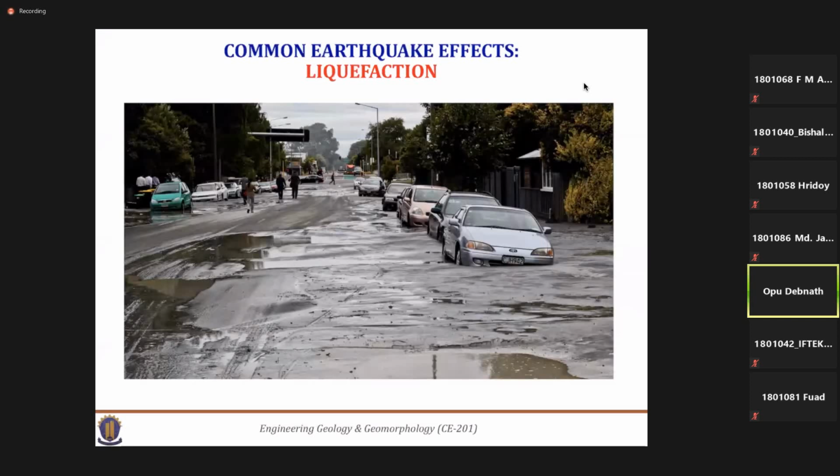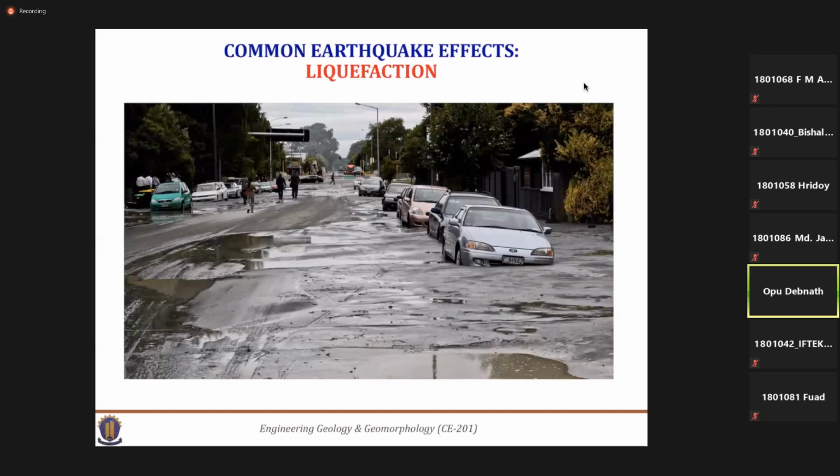Due to this, the water in those underlying layers, the pore water, will feel some pressure, and along with this excess pore water pressure, the soil, for a small period of time, works like a liquid. That means the water is coming out, and due to this, the soil has no resistance.